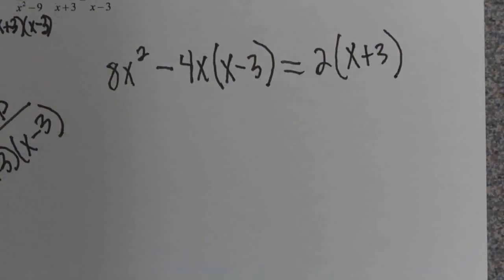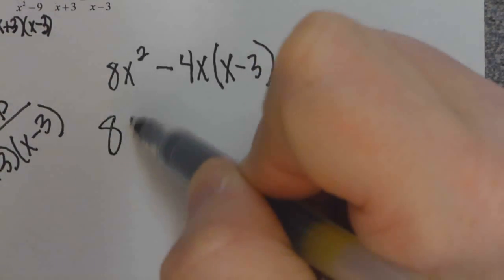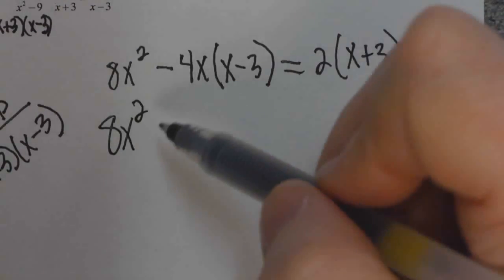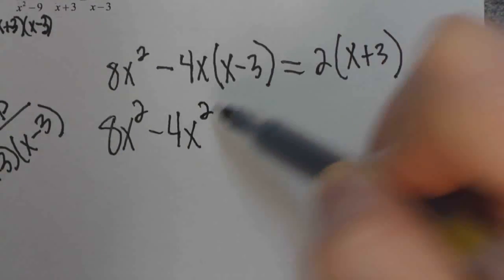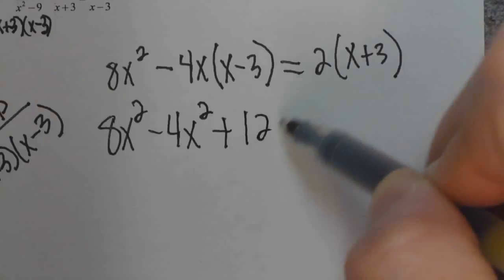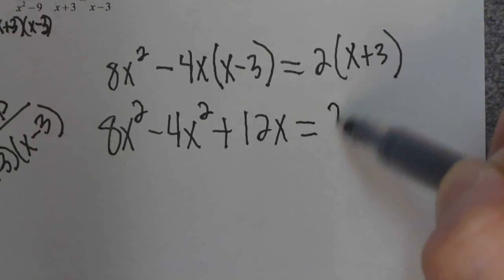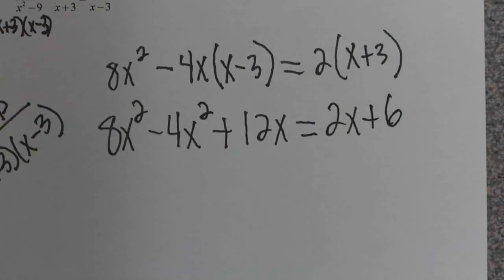Okay? So rewriting this, you guys just shout it out for me. What do I have? 8x squared minus 4x squared plus 12x equals 2x plus 6. Good. Automatically, you can see that it has a squared term in it, which means we're going to have to set it equal to 0 in order to solve it, right?